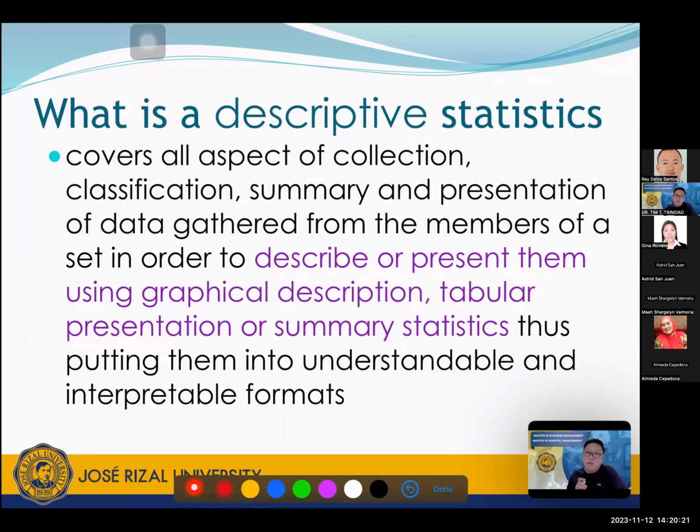The members of the set, ibig sabihin, the population, in order to describe or present them using graphical description, tabular presentation, and your summary statistics. Summary statistics is your MCT, MOD, okay, your tabular is your frequency, and your description is your graph. Okay? So, ito dapat ang mga components na makikita natin sa descriptive stat.